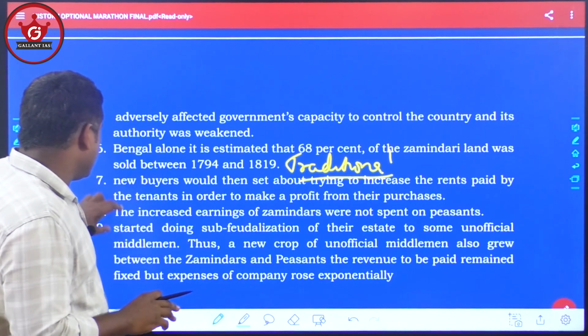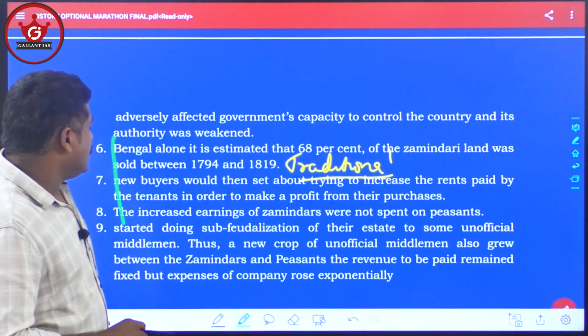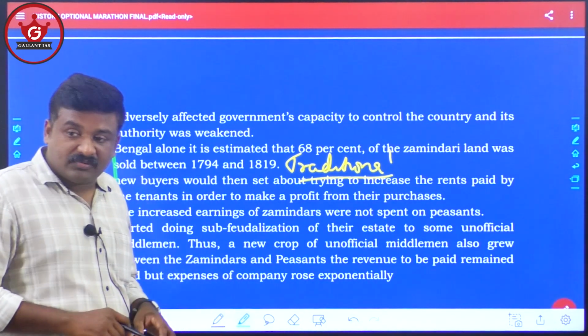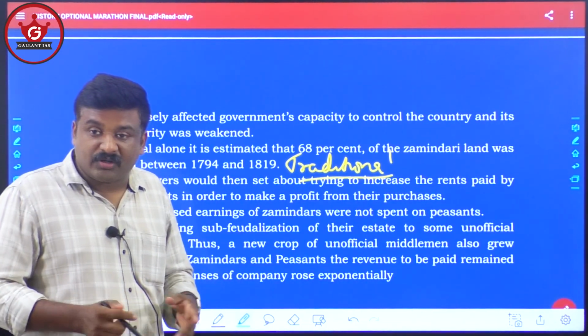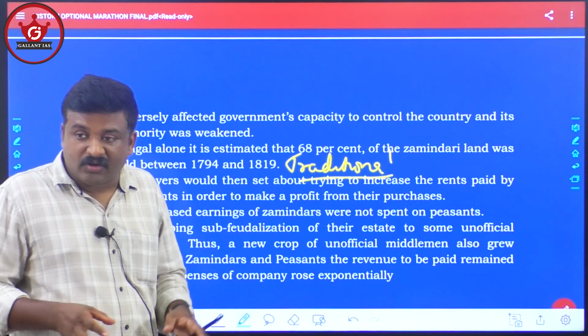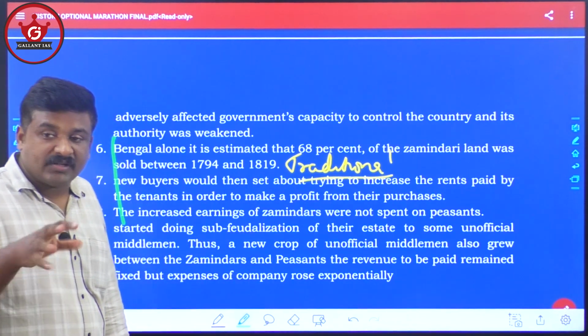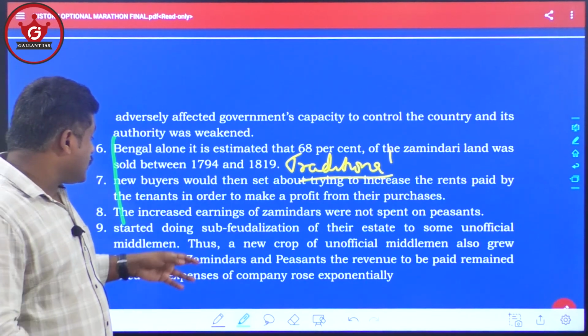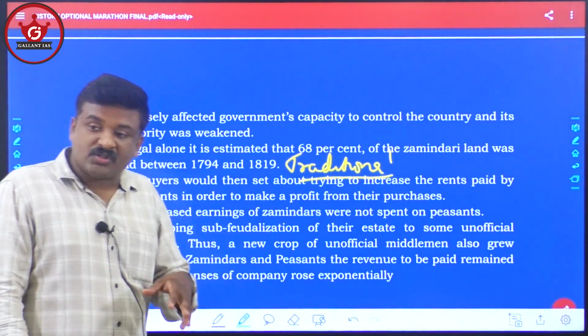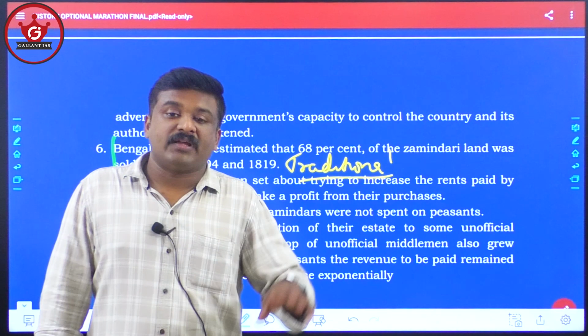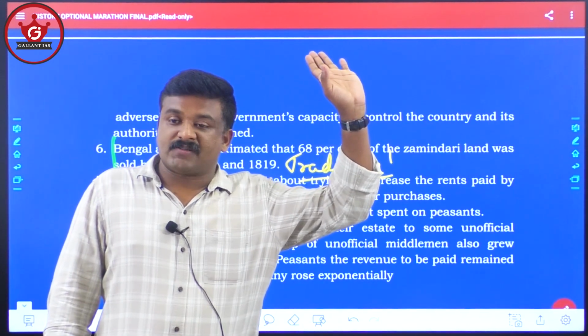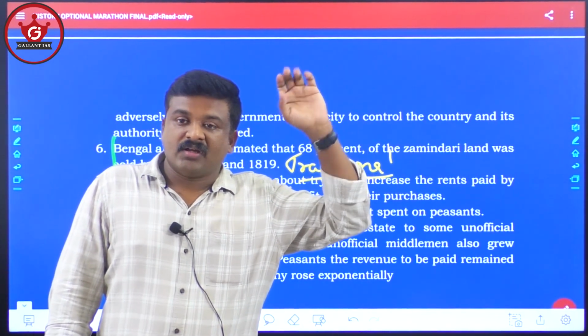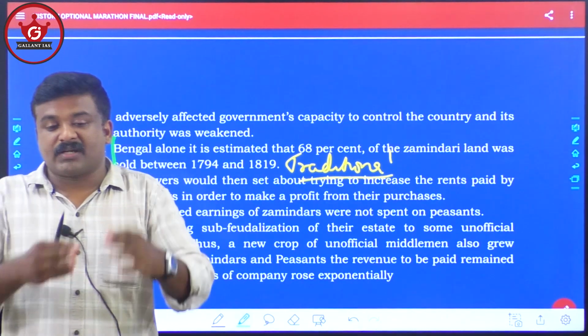Now see, that is one issue. The zamindars are not spending anything on the farms and fields. Farmers are exhausted, starving, and there are famines. Again, the zamindars are not in the plantations. They are staying in the metropolitan cities, and they appointed some new people for collection of revenue.